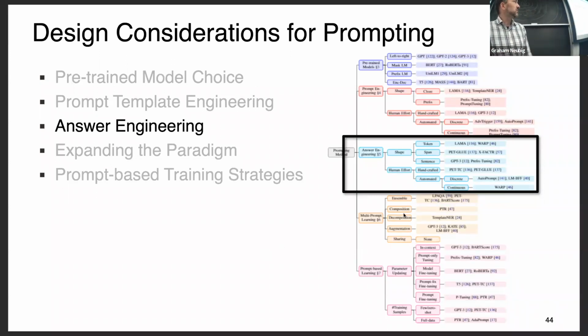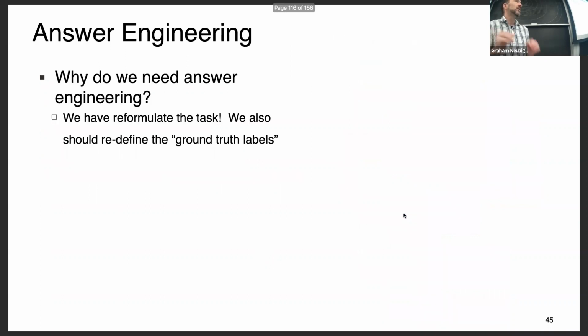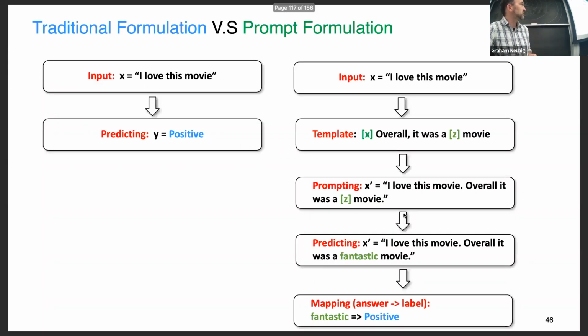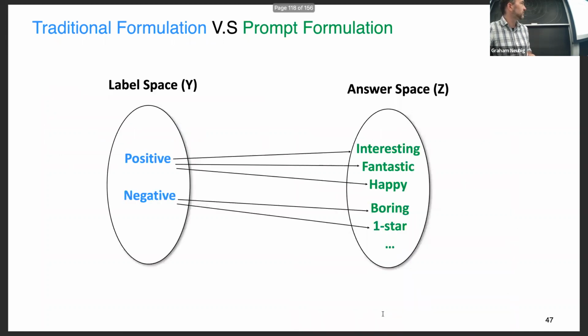And answer engineering is kind of identifying the answers that you are going to be associating with labels. And so we have reformulated the task, so we should also reformulate our ground truth labels. So we have fantastic being mapped to positive here.